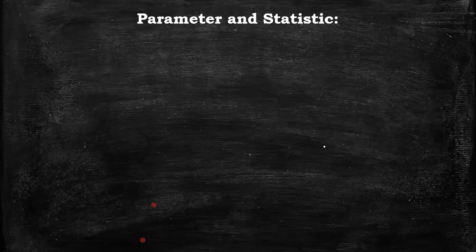A characteristic in regard to the population is called a parameter, whereas the corresponding function of the sample values in relation to the sample is called a statistic. So if I'm talking about the population mean, then the parameter will be mu, whereas x bar, the sample mean, will be called a statistic.